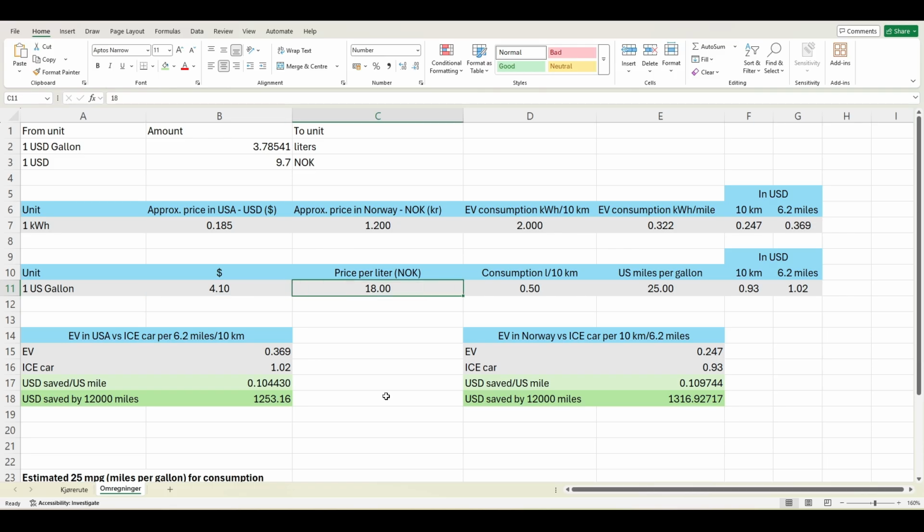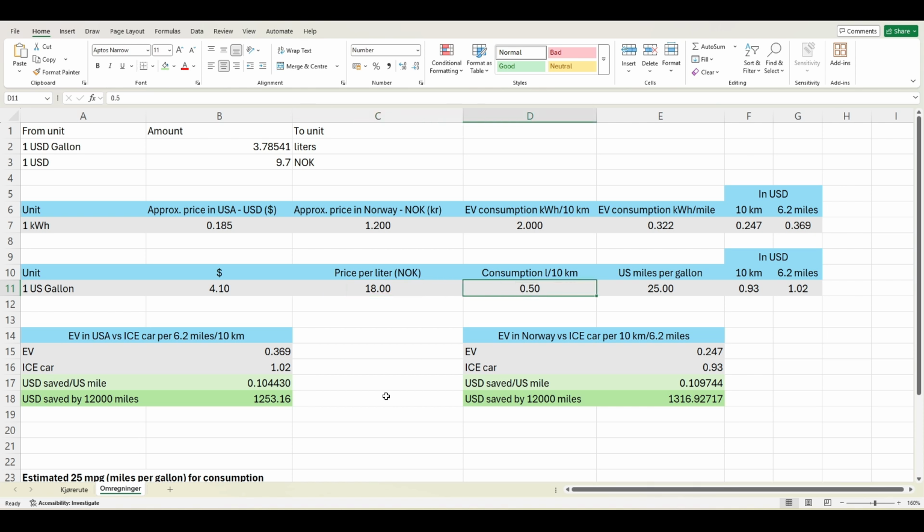So yeah, and then we put the price to be approximately 18 Norwegian kroner per liter. Some places that might be 21 Norwegian kroner, but it's about in the limit.